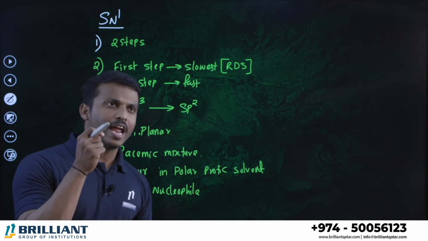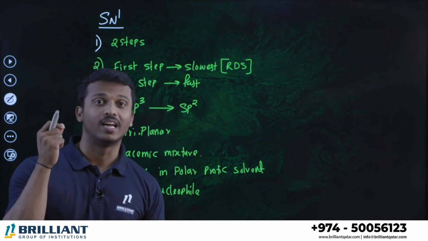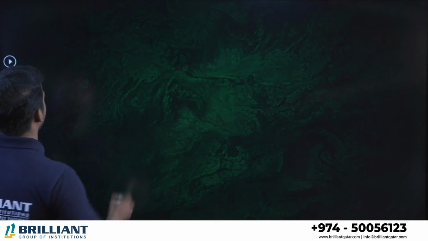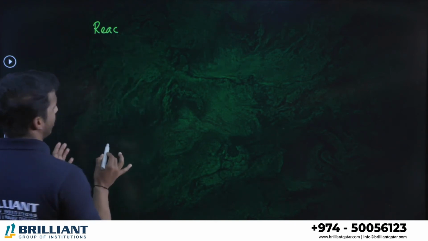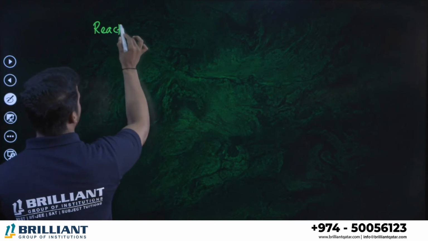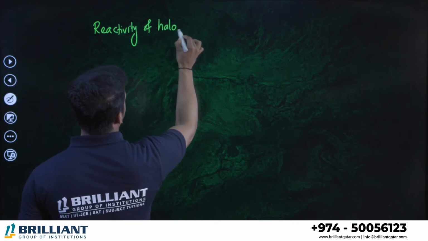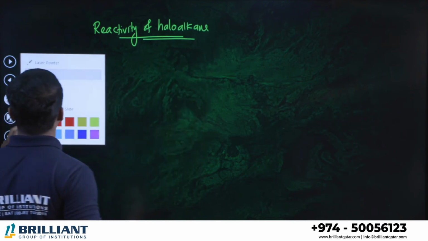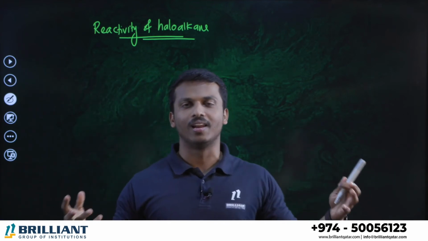Now for entrance examinations, while answering, we have to know the reactivity order of haloalkanes. This is the majority of questions you can expect from this area. There are varieties of haloalkanes, right? Tertiary haloalkane, primary, secondary, vinyl, allyl, benzyl.